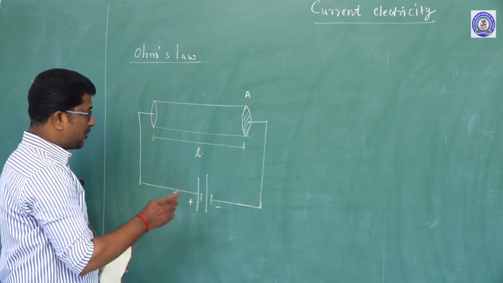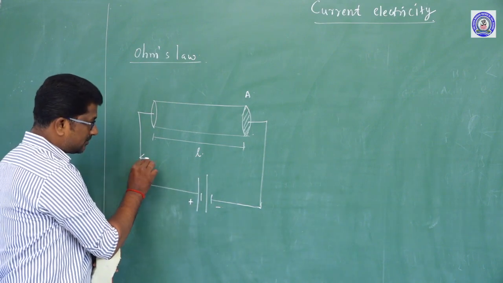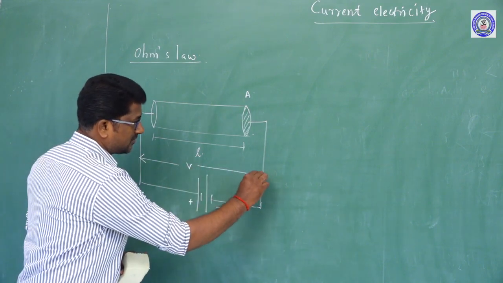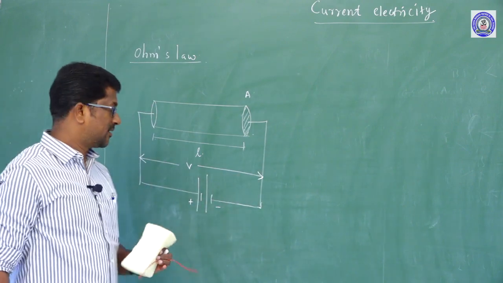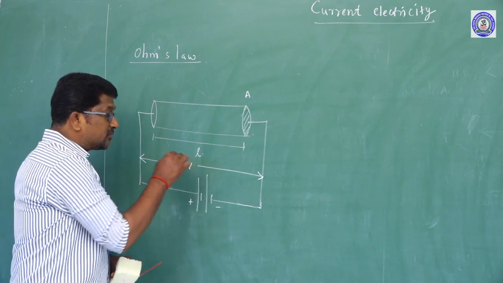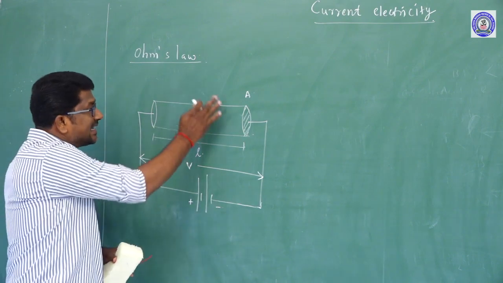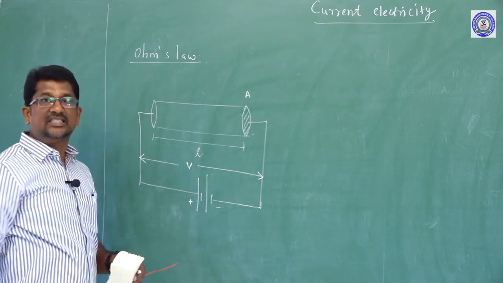The battery provides a potential difference of V across the ends of the wire. Due to this potential difference, an electric field is created within the wire.